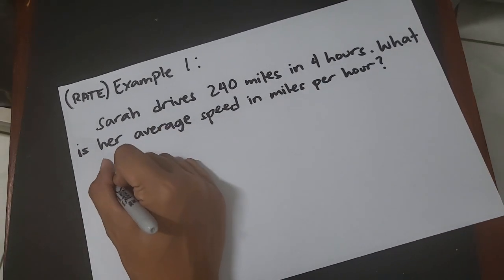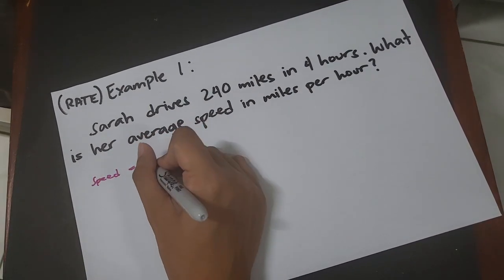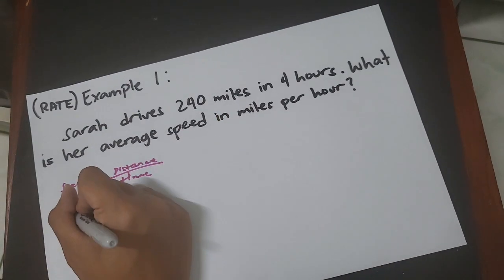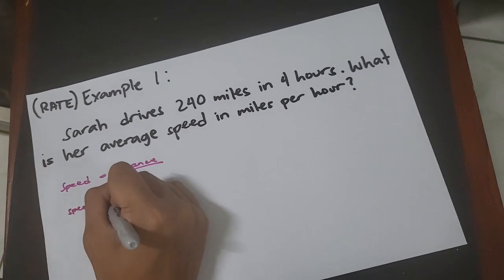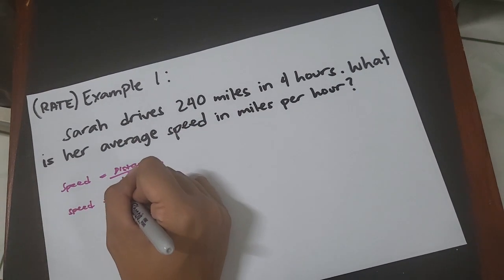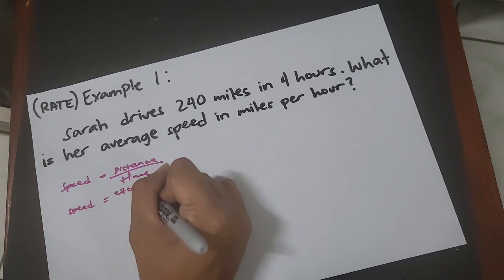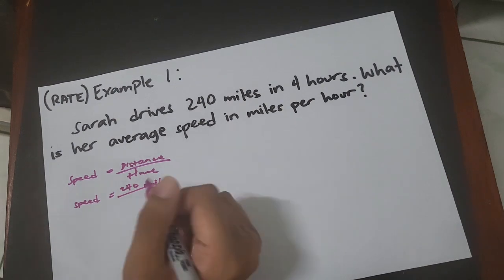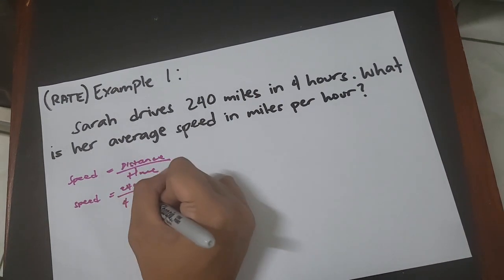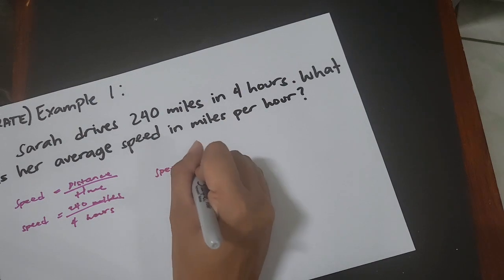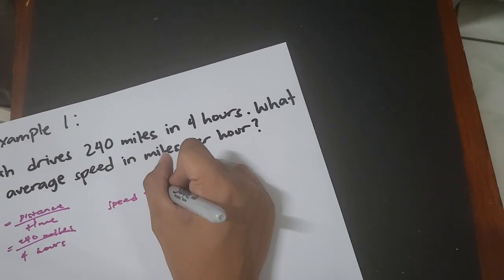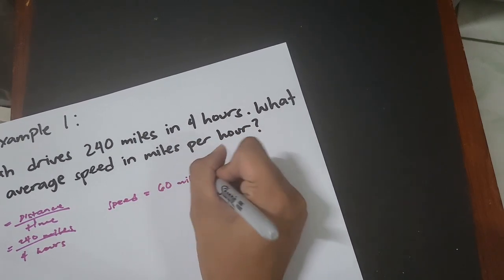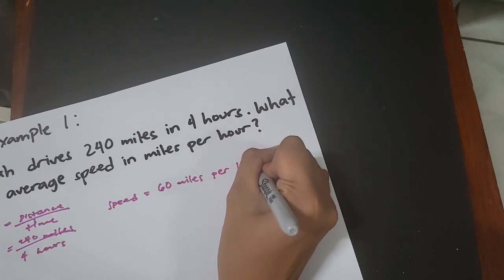So, speed is distance, and then 240 miles divided by 4 hours is equal to 60 miles per hour.